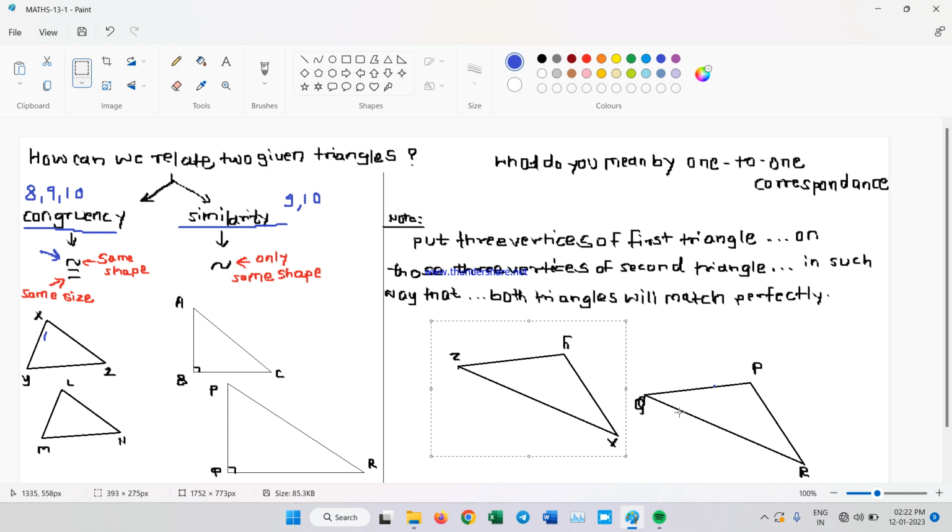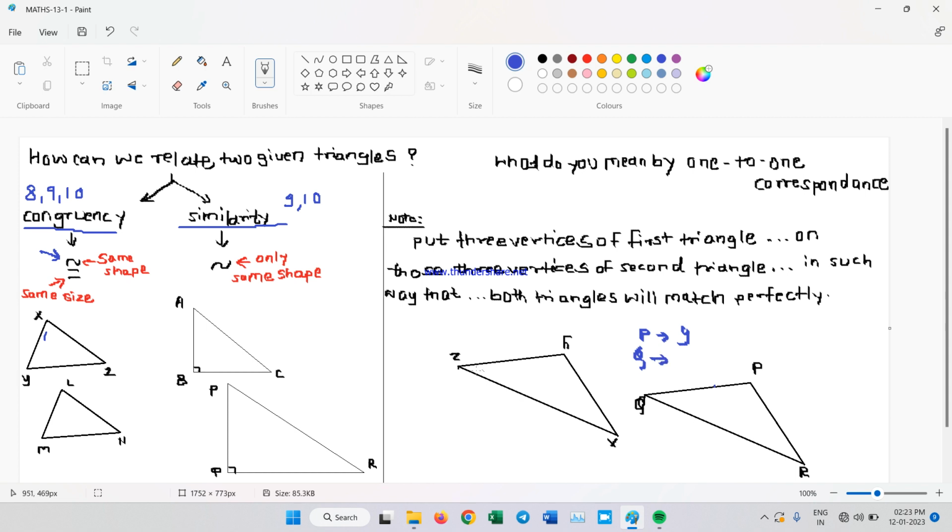There is a very nice word in English, their orientations are perfectly matching, and that's why we will say a very simple thing, that point P corresponds to point Y. The role that point P has in the second triangle is the same as the role of point Y in the first triangle.